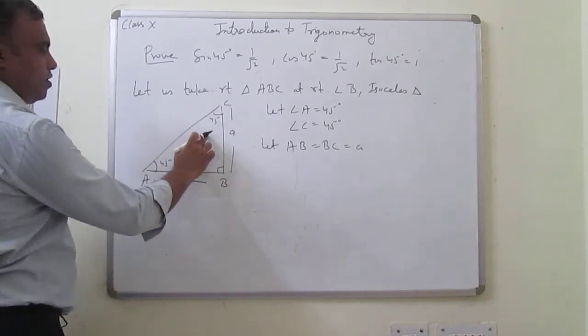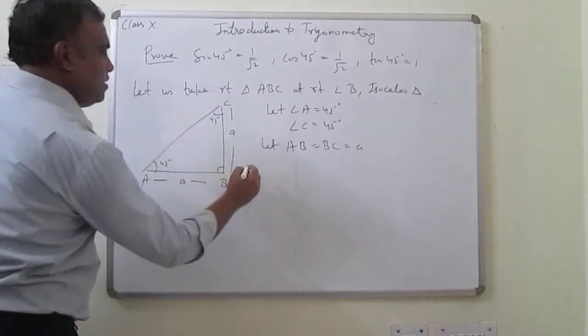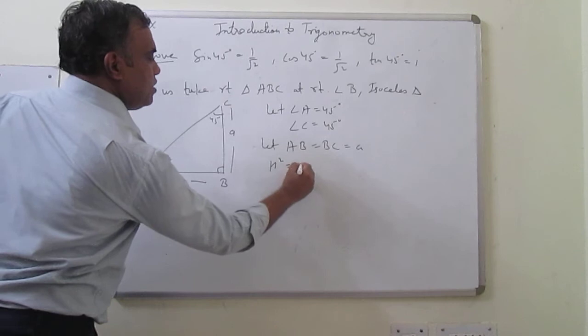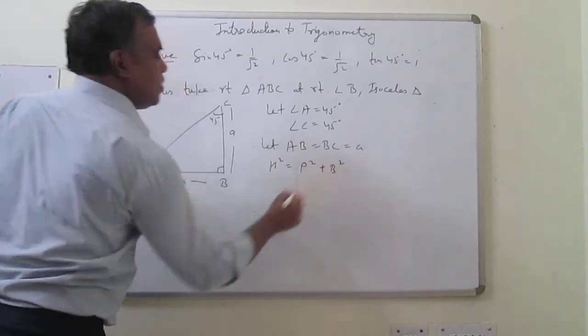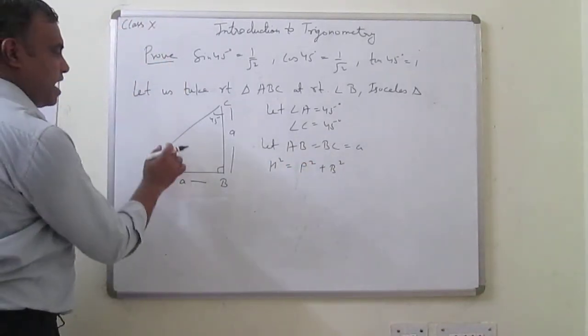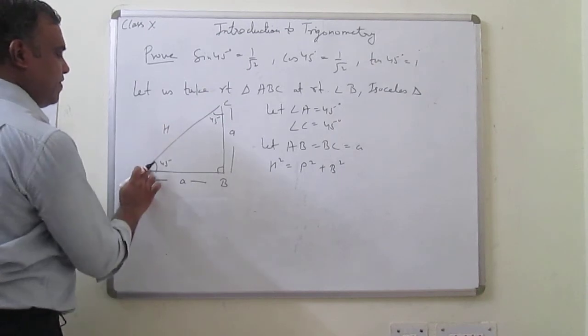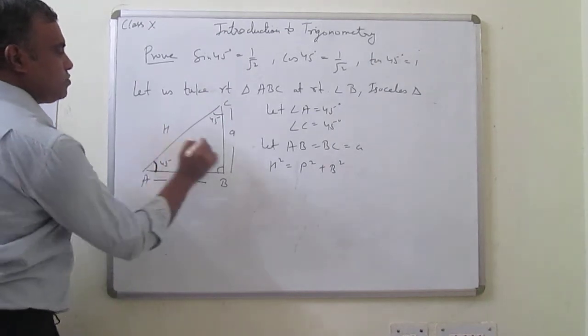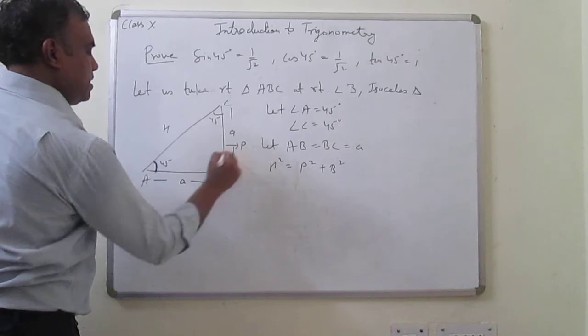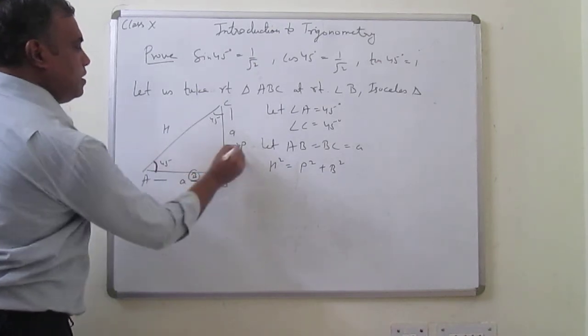Now by Pythagoras theorem, what is AC? We know that h square is equal to p square plus b square. So here the hypotenuse is this. If I take angle A, the perpendicular is this and the base is this.